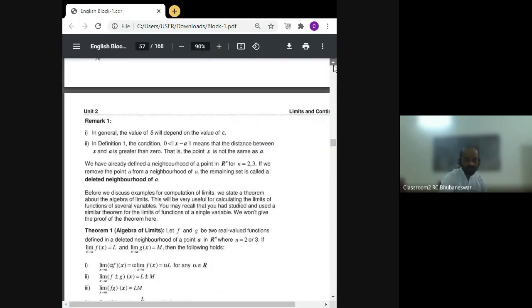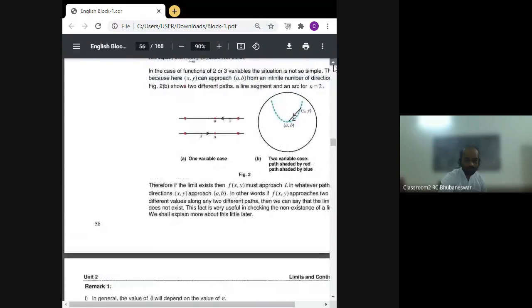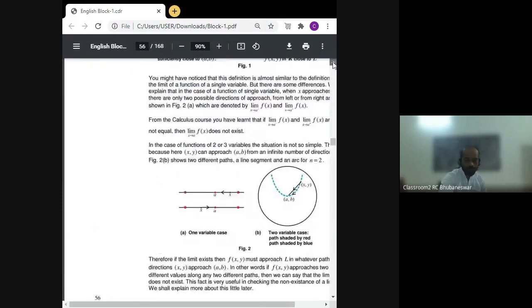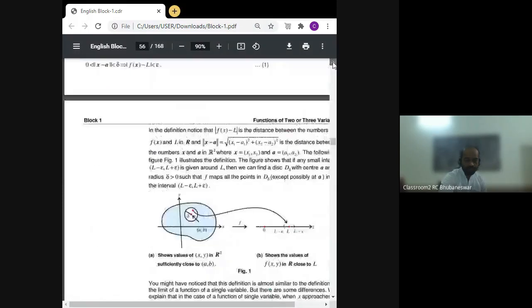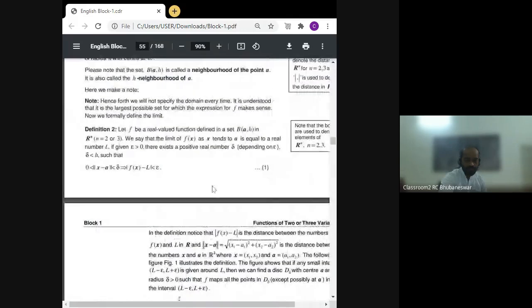So look at definition number 2. Here, in the same way, we have taken f, a real valued function, and the function is defined over a set.